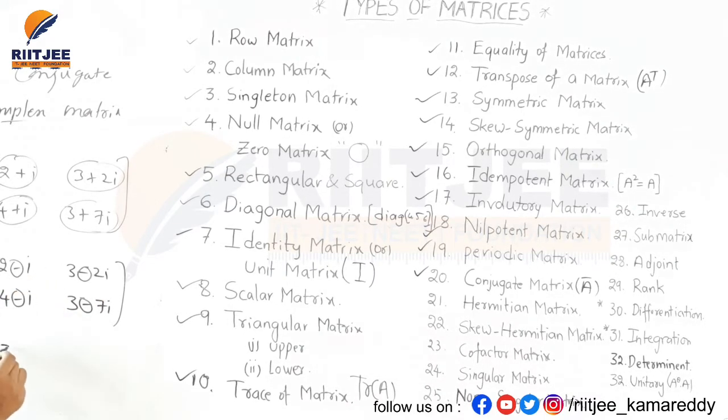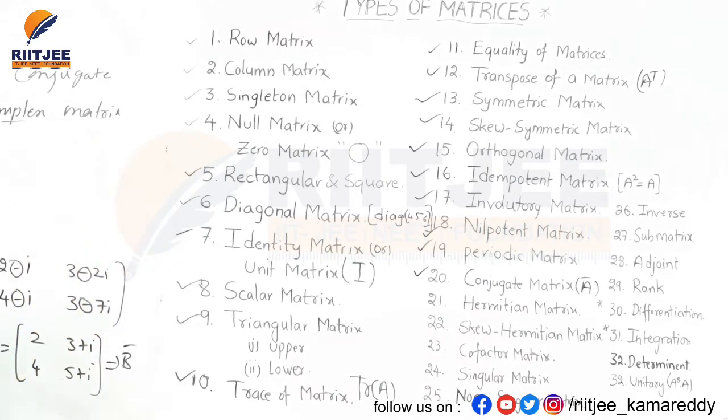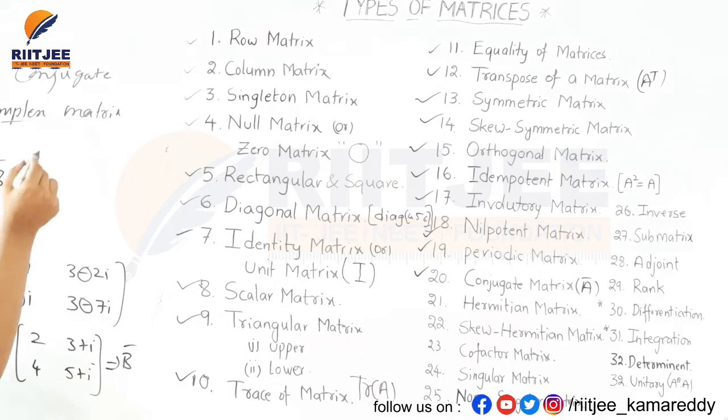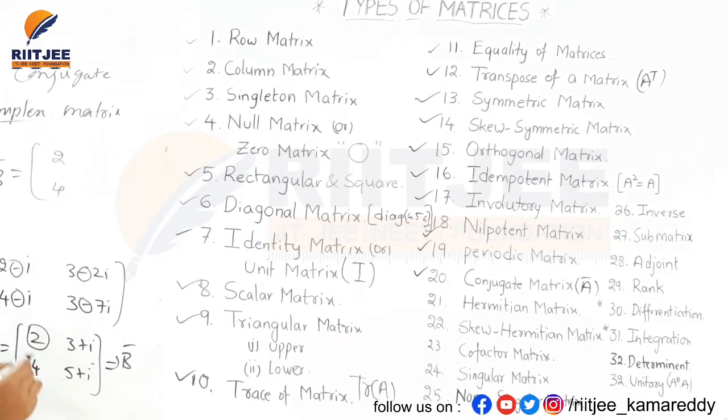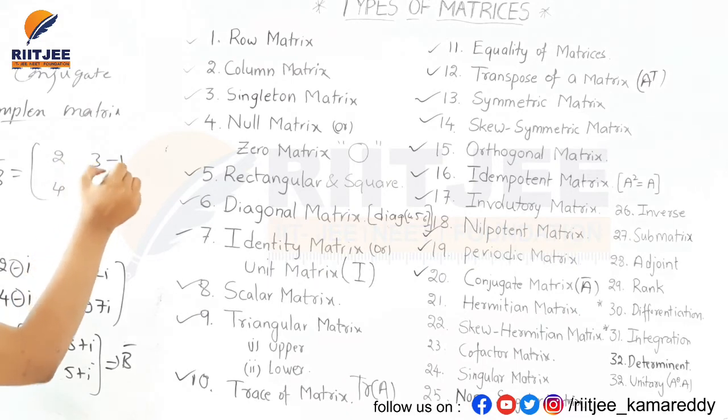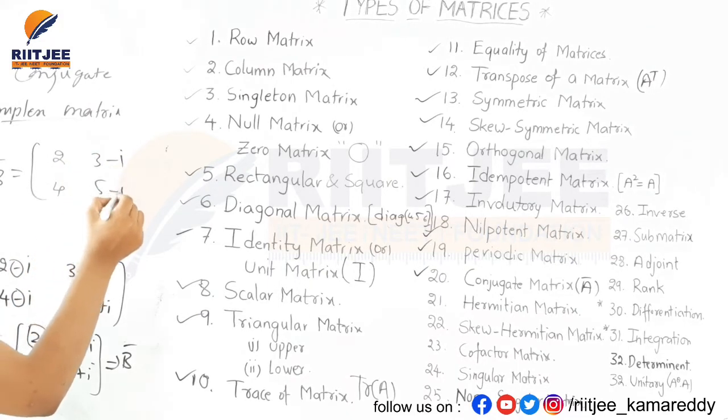Let us see one more example. B is 2, 3 plus i, 4, 5 plus i. So for this one, B bar gives 2 and 4 as they are, because they are real numbers, and 3 minus i, 5 minus i.